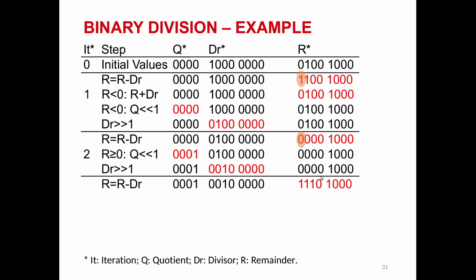We will take this R minus this divisor or dr. You can see that here 1 minus 0 will be 1 here.